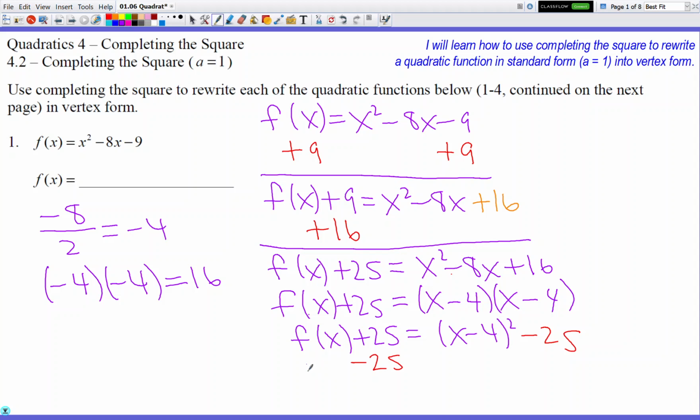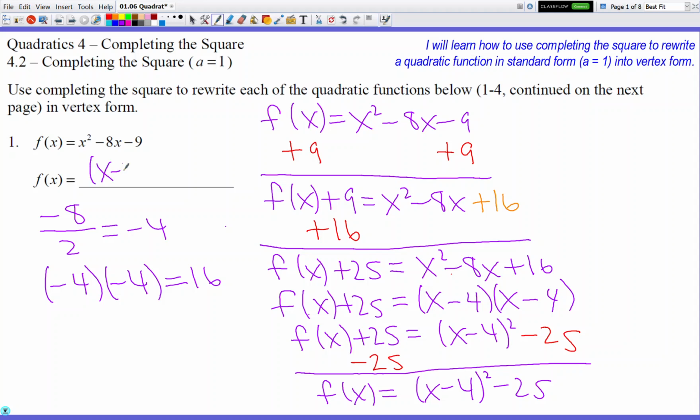So let's see what my vertex form looks like when I'm all said and done. I get f of x on the left equals x minus 4 quantity squared minus 25. So there's my vertex form: x minus 4 quantity squared minus 25.